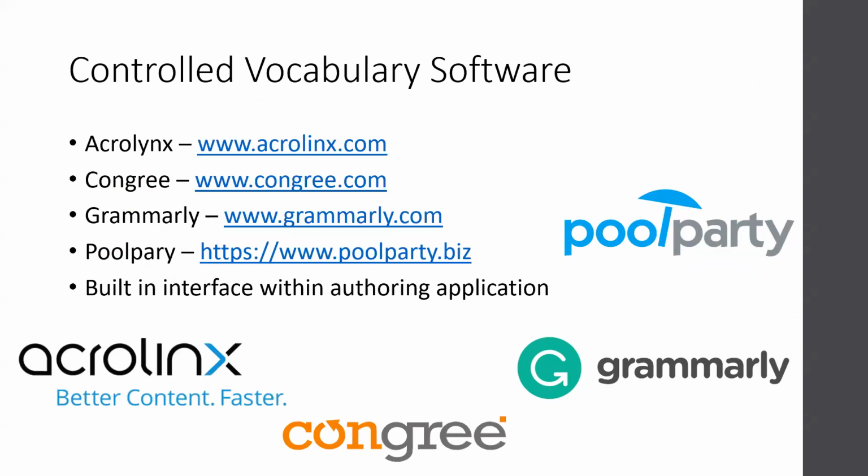Now, we have Acrolinx, which has been around for a long time. It's a German product, out of Berlin, so I think people would have heard of Acrolinx. Most of these products work in a very similar way. PoolParty is perhaps a little bit different, but certainly Acrolinx, Congree, and Grammarly are very similar in their approach. We'll have some screenshots.